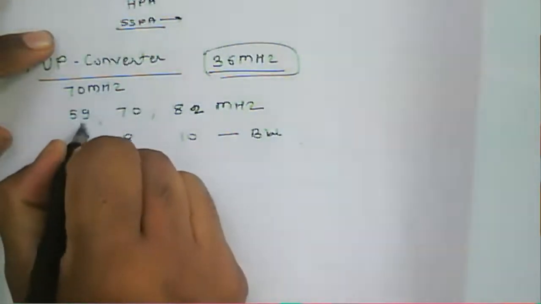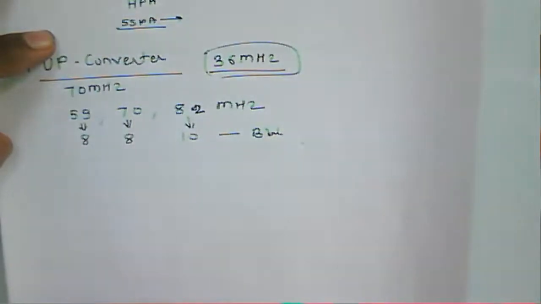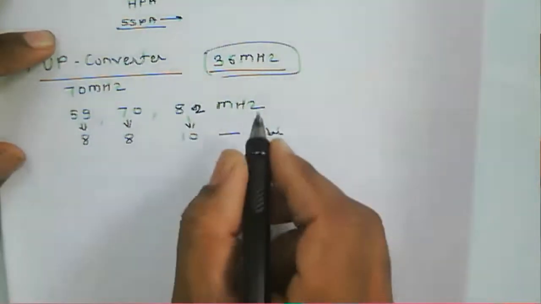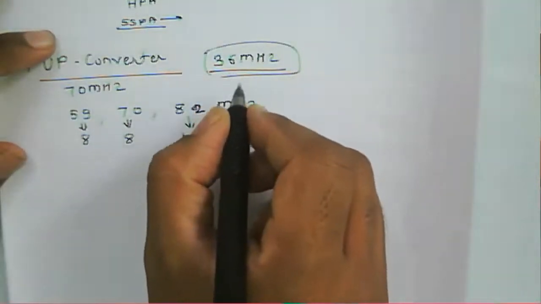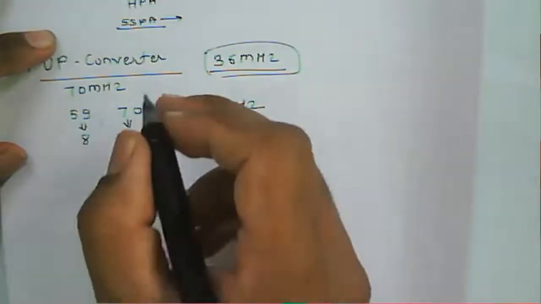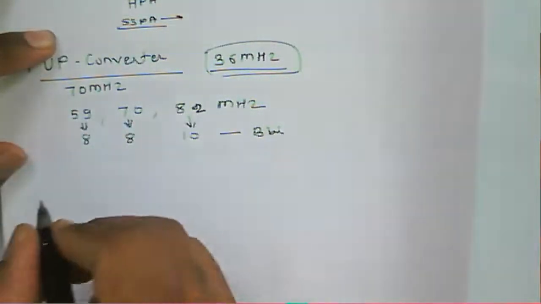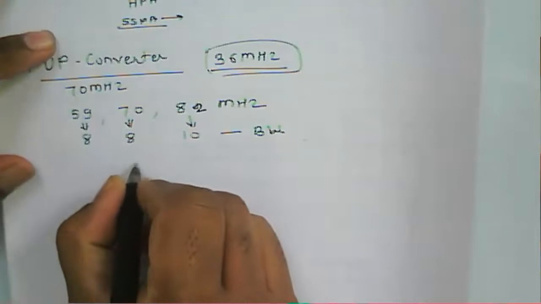These are the bandwidths for these particular modulated carriers. Then for the transponder bandwidth of 36 megahertz, how will this spectrum, or this modulation of the carrier in the IF band, look like?